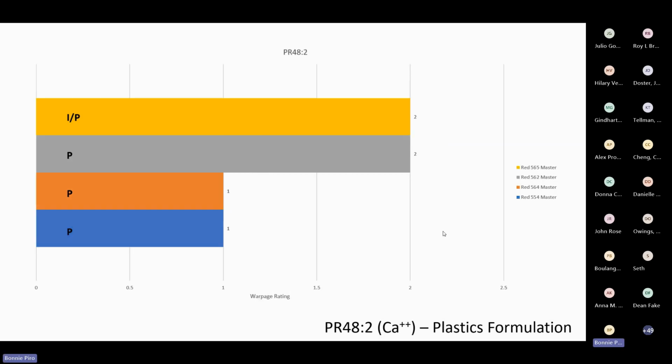And warpage is another area, although there is not too much difference, with 2 products having a rating of 1 versus a 2 for the other products. You can start to see where some of the finishing techniques employed again shift the performance in one direction or another for each property.